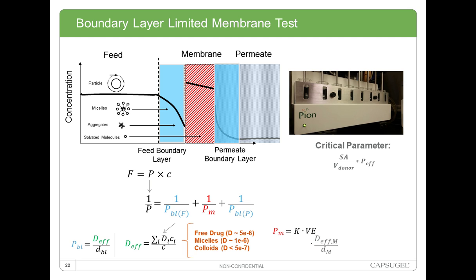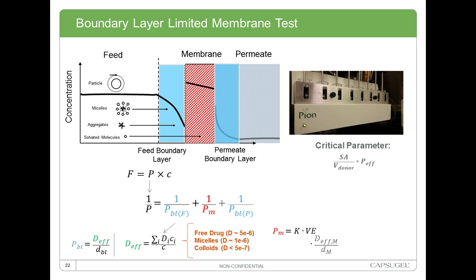So there's the boundary layer resistance in the aqueous feed next to the membrane, and then there's the membrane resistance, the actual diffusion across the membrane, and then we have another boundary layer on the back side of the membrane. And we can engineer this test so that the boundary layer on the backside of the membrane, or in the permeate, is a minimal contribution to the overall resistance of drug crossing the membrane. But depending on the compound and how it's run, the feed side boundary layer or the membrane may be limiting.